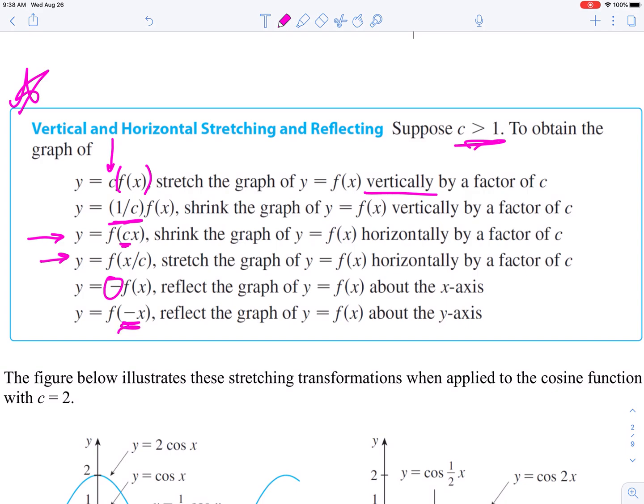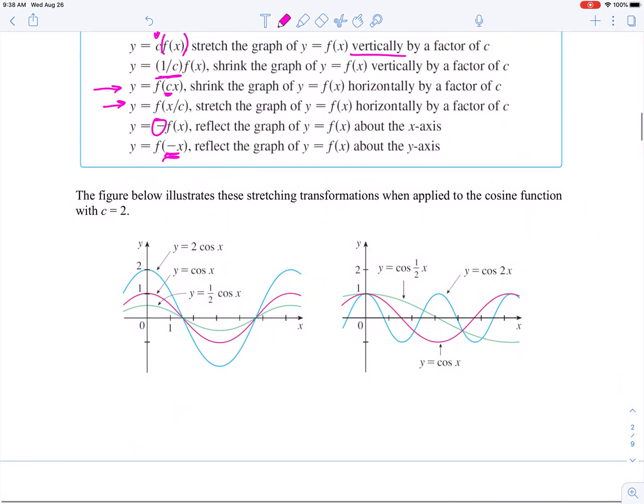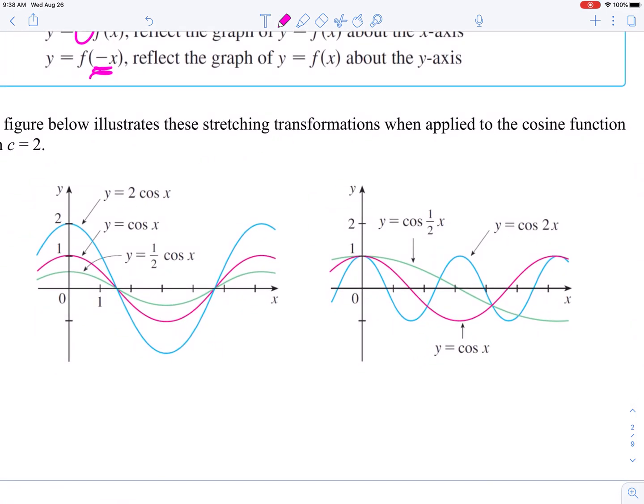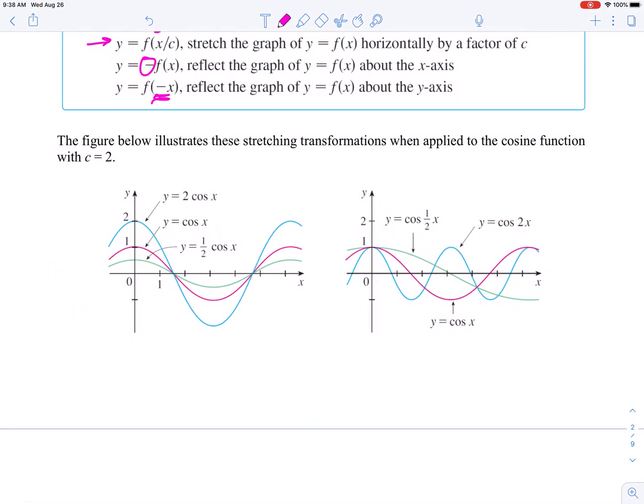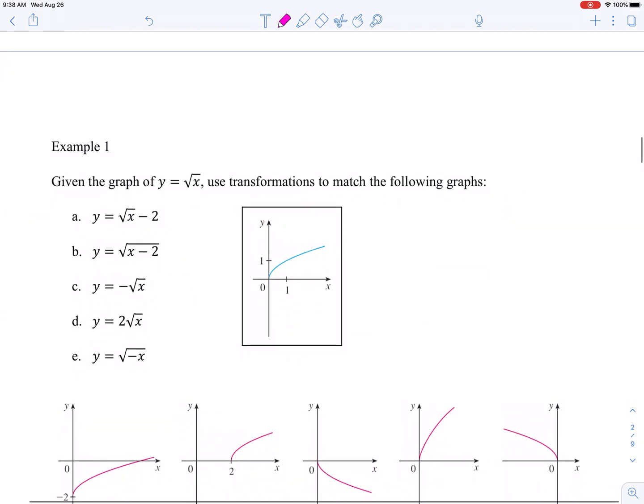Now if we multiply the x value by a -1, we're reflecting about the y-axis, because again, you would take any positive x value and make it negative, or any negative x value and make it positive. All right? And there are some graphical representations here. So this is good stuff to look over. It should be pretty second nature to you by now anyway, but it's good to look at.